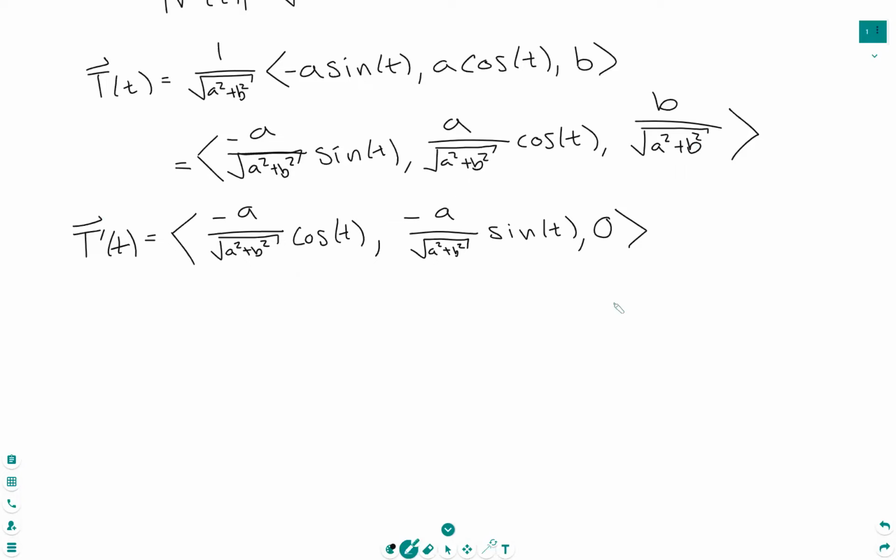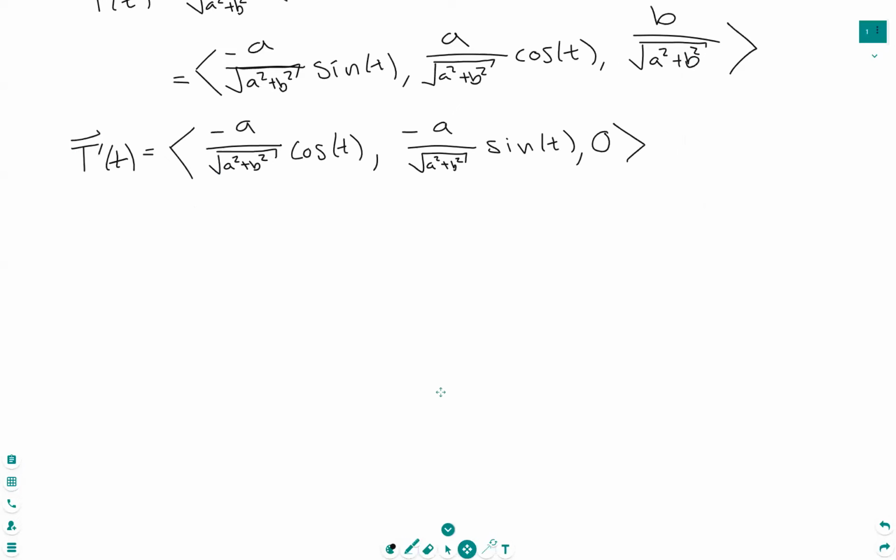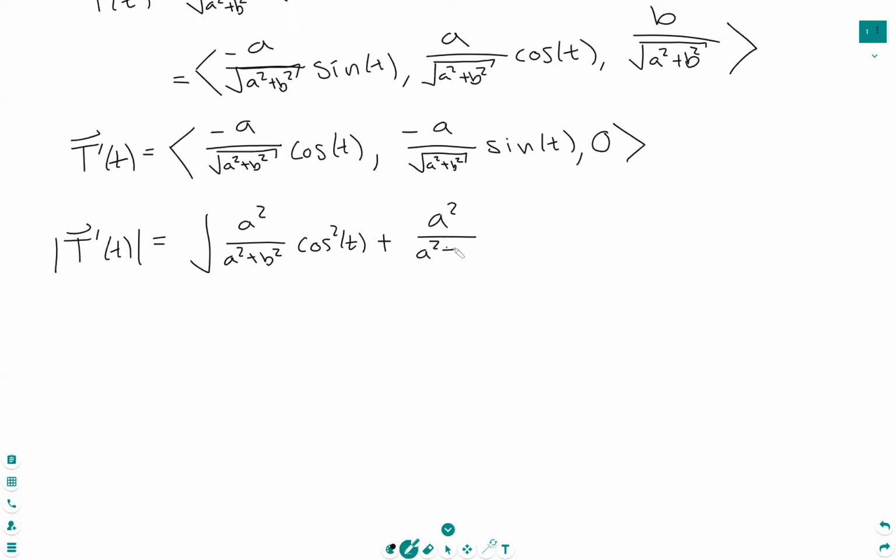Okay, so now we need the magnitude of this vector. Here we have the magnitude of T prime. I'll have an a squared over an a squared plus b squared cosine squared of t. I'll have another a squared over a squared plus b squared, this time times the sine squared of t. And then I have this plus 0 term.